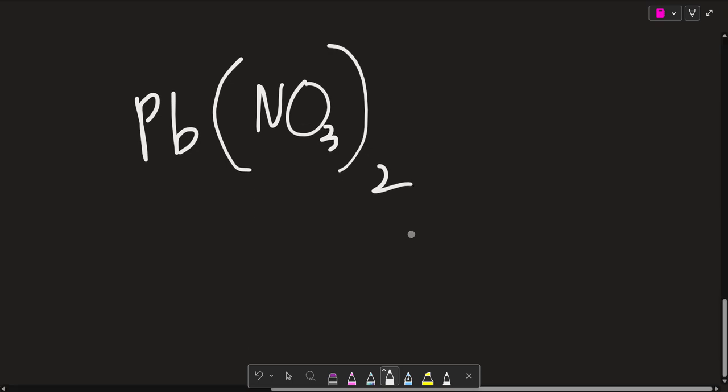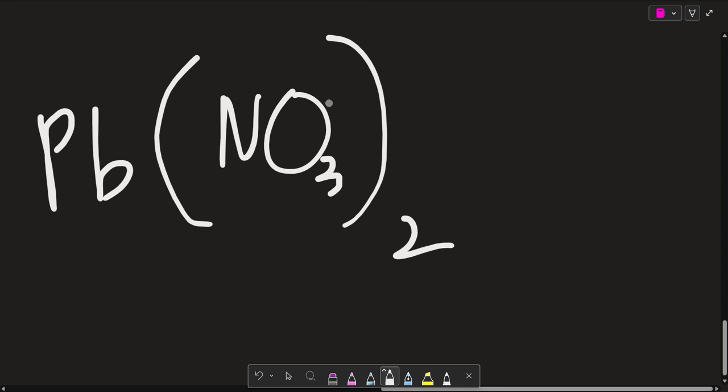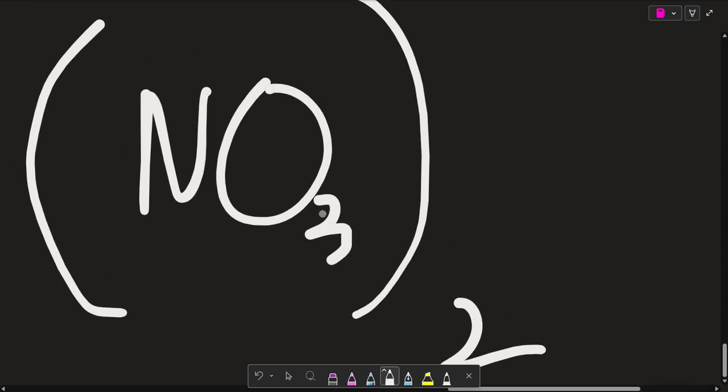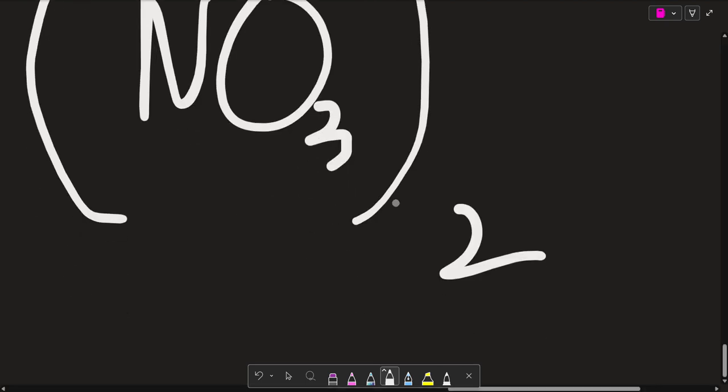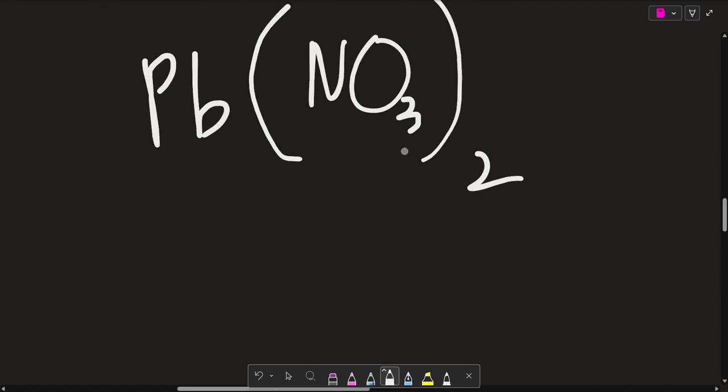In the case of this compound, the 2 is placed outside the parenthesis, okay? So the 2 is common for nitrogen as well as oxygen. But keep in mind, it's given that the molecular mass of oxygen is already 3. And the 2 outside the parenthesis is common for both nitrogen as well as oxygen.